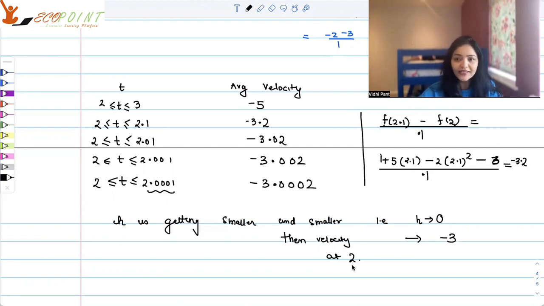Otherwise, at the instant, speed does not make any sense, because at the instant, it's like you're not moving. How do you say that you're moving? But we are talking about rate of change. It's not that it is not moving at all. It has been moving. It moved till a certain point, and then it moved again, and that is how this interval got created, right?